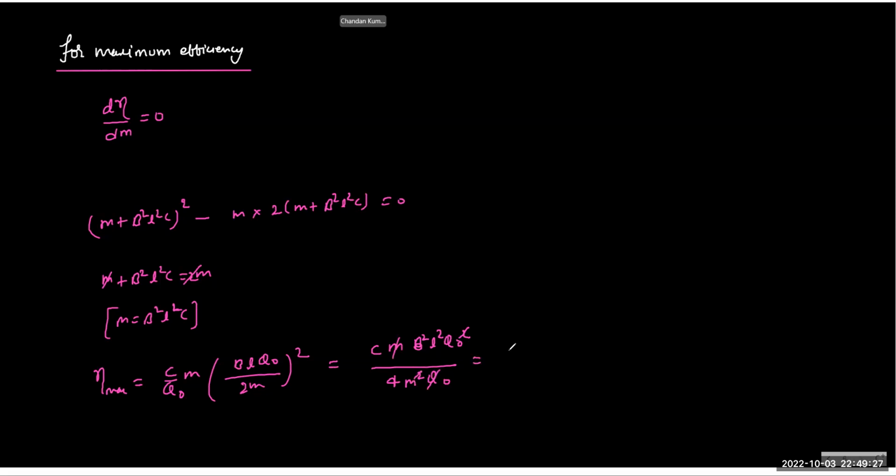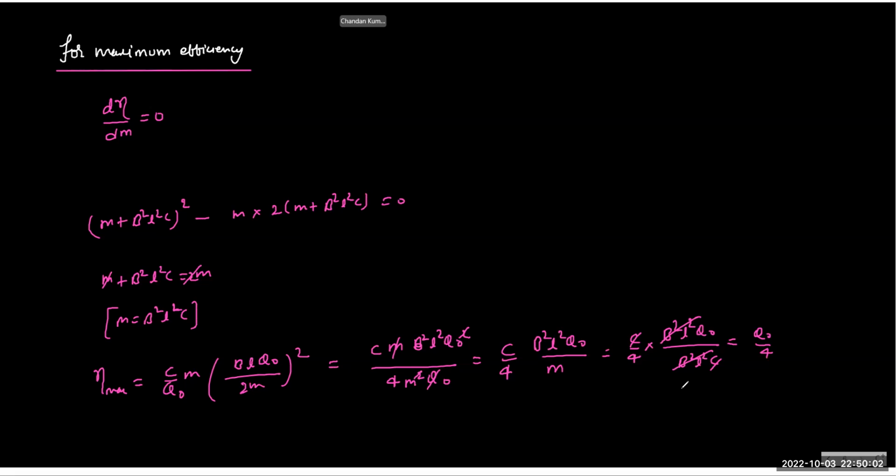So we are getting C by 4 B square, and M become further replaceable because the answer is not in terms of M. Oh, that was whole square.